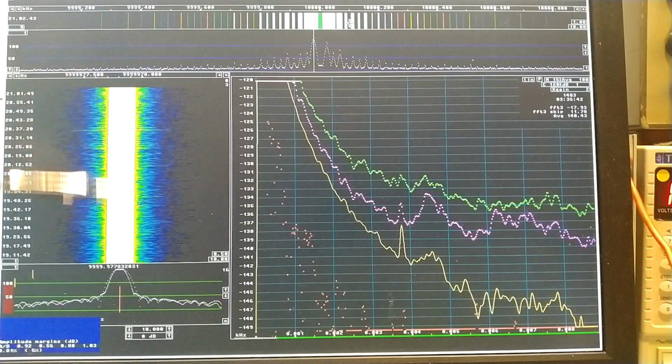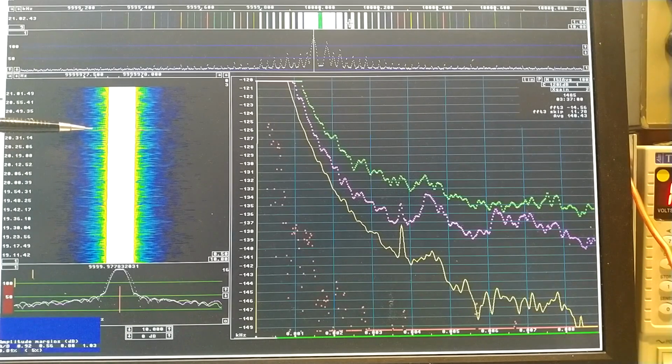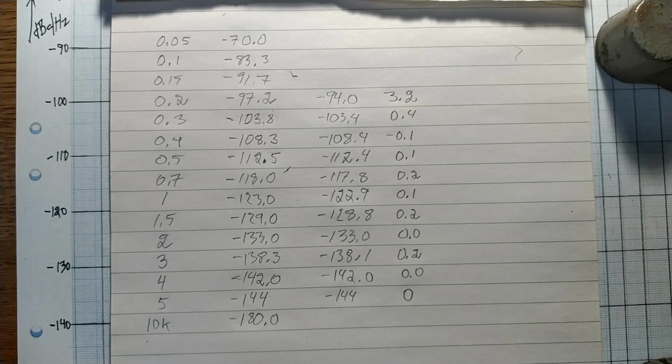You can see this is perfectly clean all the time, except here when I suddenly made some careless movement.